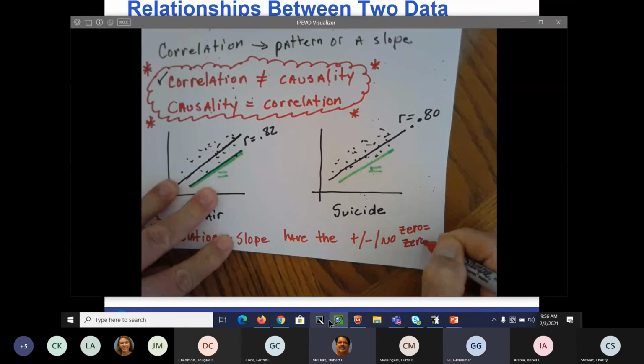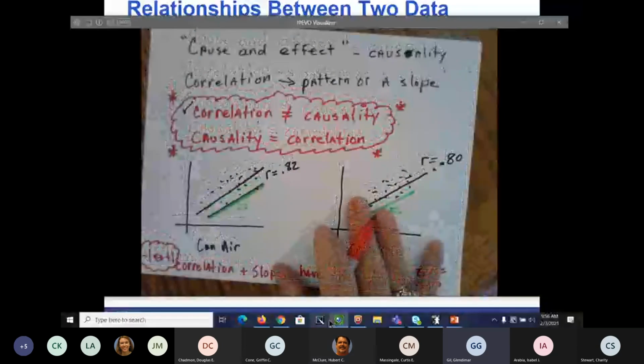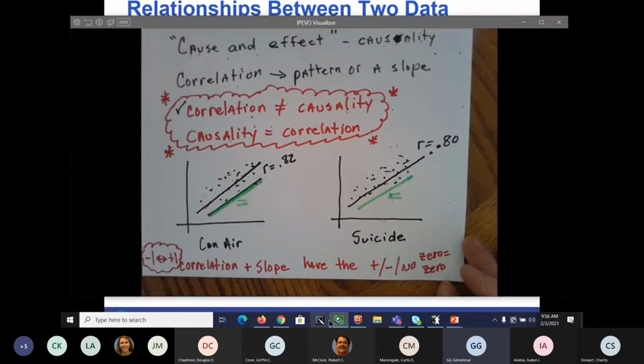Does no mean no in betweens? I'm sorry, say again. What does the no stand for? A horizontal line, no correlation, 0. In other words, if you have a horizontal line, the slope is equal to 0 and the correlation is equal to 0. That means that there is no correlation. Like how many cats I have versus my eye color. There's no correlation.